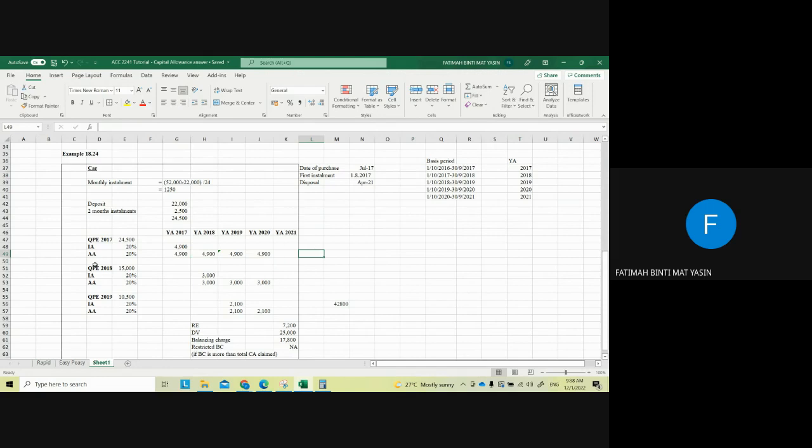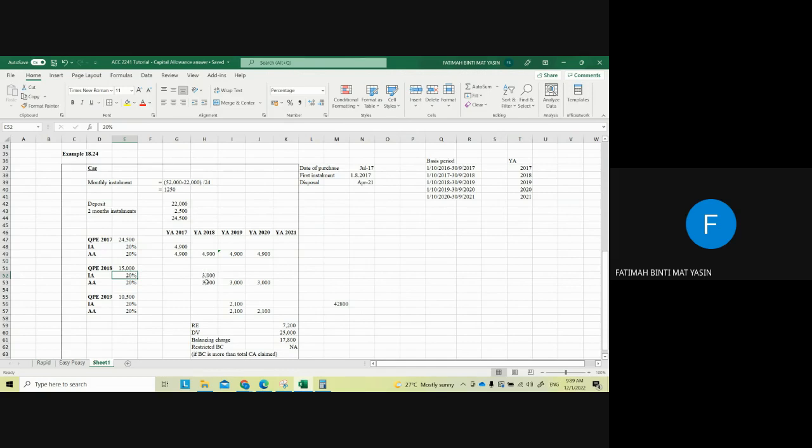Then for 2018, you need to calculate the QPE for that motor vehicle. In 2018 we have 12 months, so the company made installments for 12 months. The installment 1250 multiplied by 12 months gives 15,000 that the company paid in 2018. So the QPE for 2018 is 15,000.